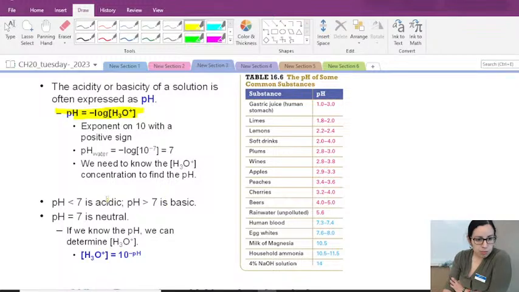Anything with a pH less than 7 is acidic, greater than 7 is basic, and pH equals 7 is neutral. Just like the pKa, if we know the H plus concentration or the pH, we can go back and forth. If you were given just the pH, you could do 10 to the power of the negative pH to give you your molarity concentration.